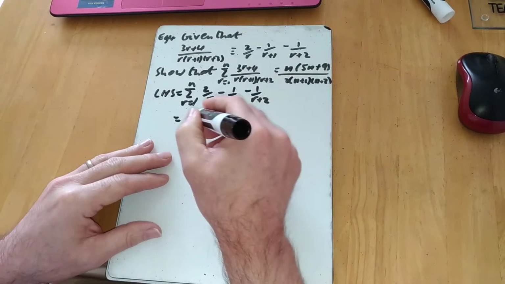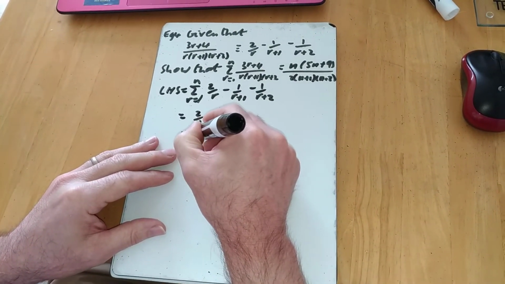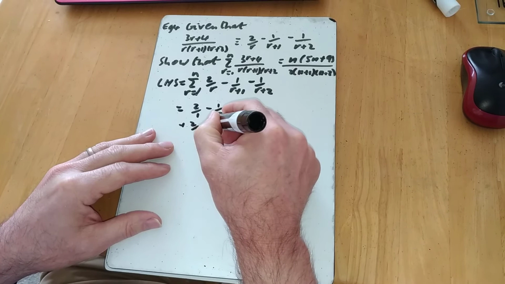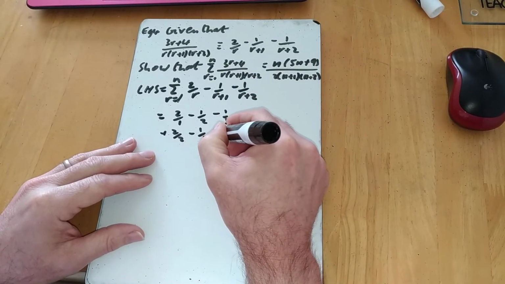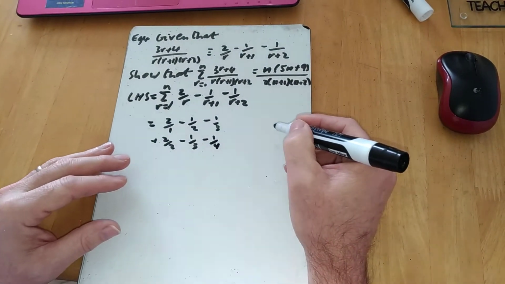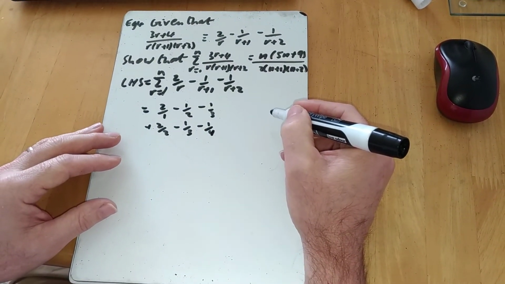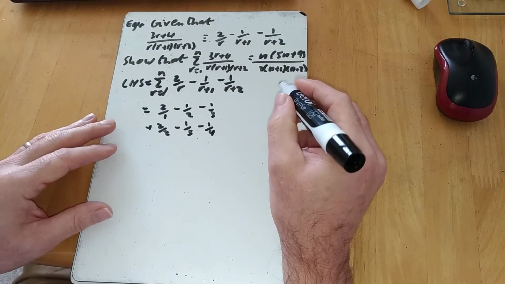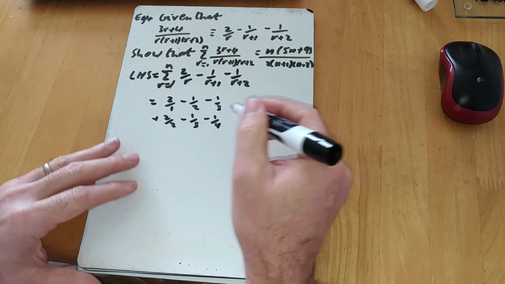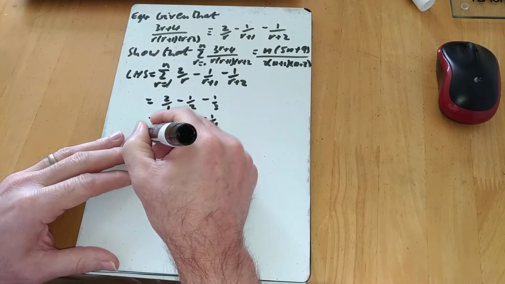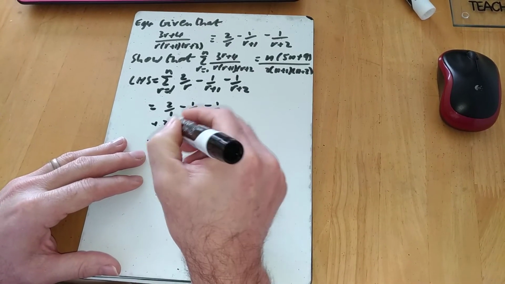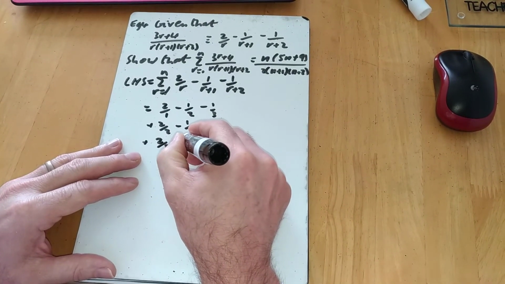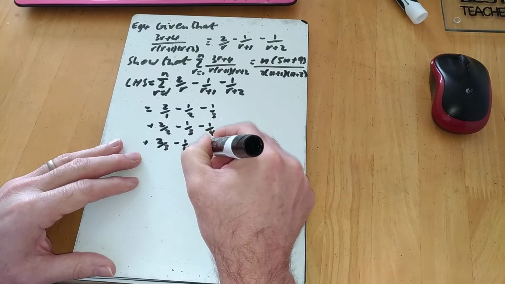Stick r equals 2 in, get 2 over 2, minus 1 over 3, minus 1 over 4. Nothing's really happening here. I've now got to go down to a third line, stick r as 3 in, and get 2 over 3 minus 1 over 4 minus 1 over 5.